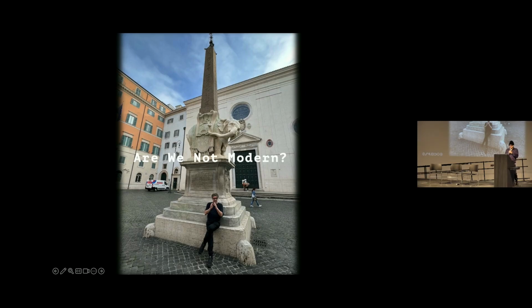This little sculpture here is an amazing example of something which we would not think of as the product of some kind of old-fashioned thinking. It's a sculpture of a little elephant, largely attributed to the workshop of the great Baroque sculptor and architect Bernini.